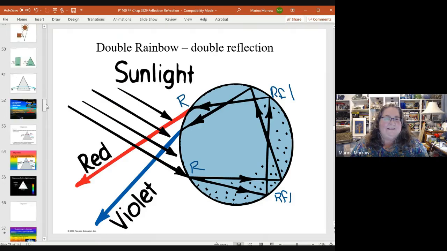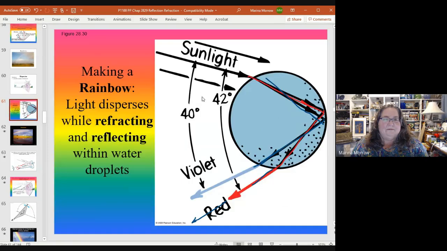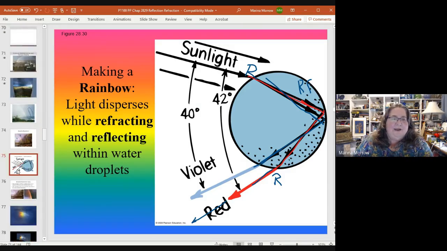Whereas the single rainbow just had one refraction here, or one reflection, and a second refraction. Okay, so you've got an extra reflection for the double rainbow.